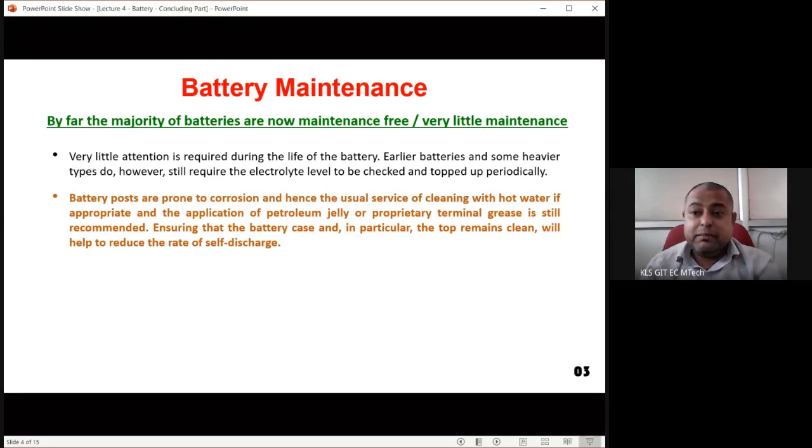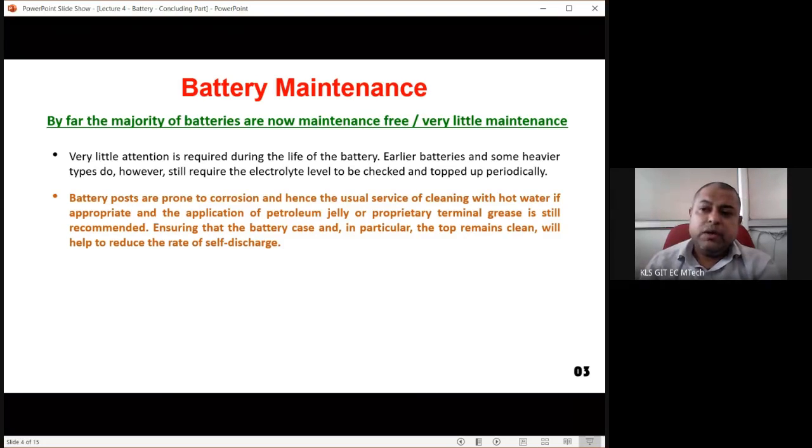And there is a charging mechanism for the battery as well. If the battery gets discharged, we can charge it to ensure that 12 volt is found between the positive and negative. Ensuring that the battery case, and in particular the top, remains clean will help to reduce the rate of self discharge. So there is something called self discharge.